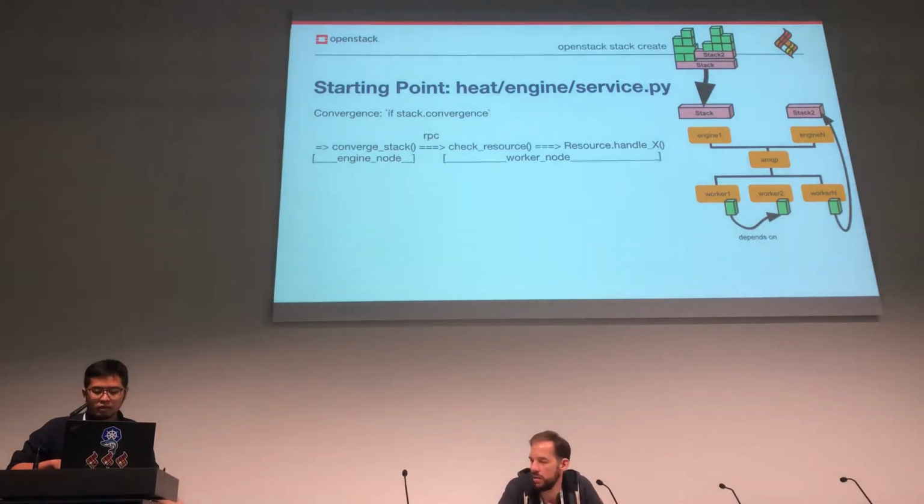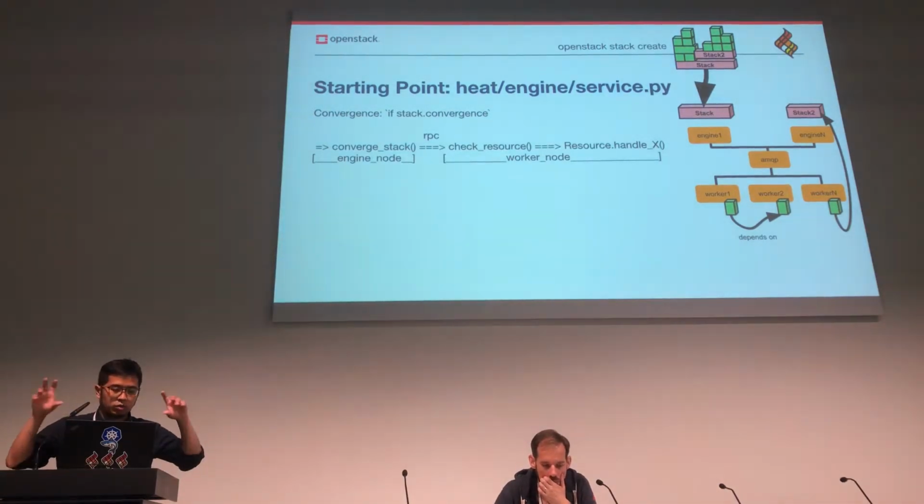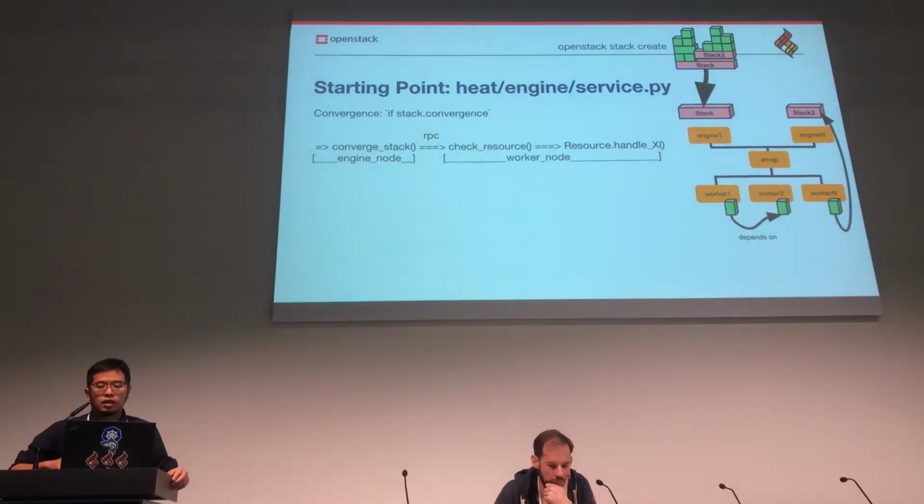We also have a convergence functionality, which means that we can separate your resources into different engines, with a worker running inside the engine. The worker takes the job and does things in parallel, not just in one thread, which increases performance.